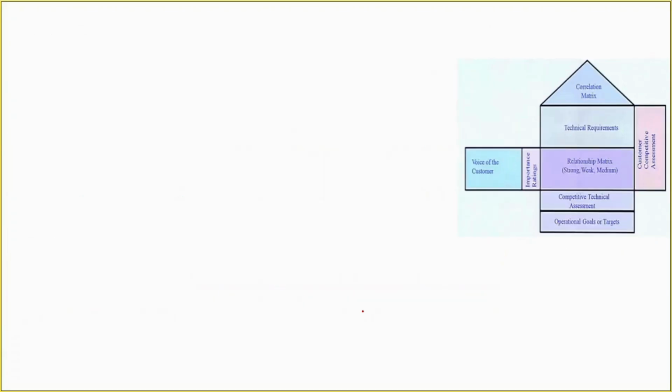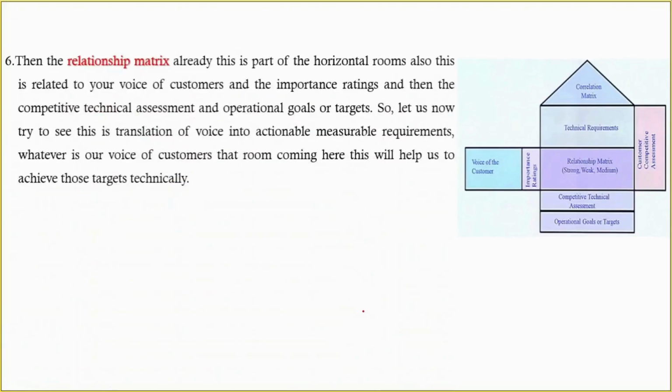Then comes the sixth point, and that is the relationship matrix here. This is already part of the horizontal rooms. It is also related to your voice of users and the importance rating, and then the competitive technical assessment and operational goals and targets. So let us now see the translation of voice into actionable, measurable requirements.